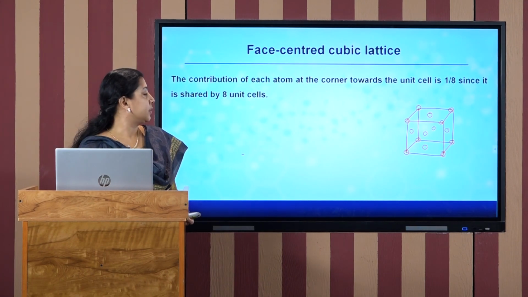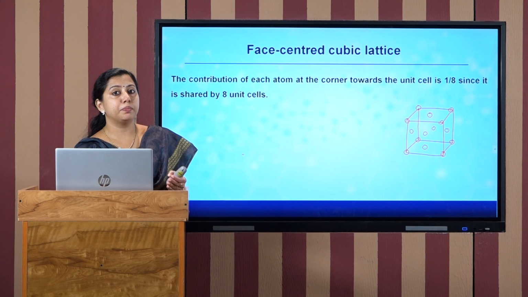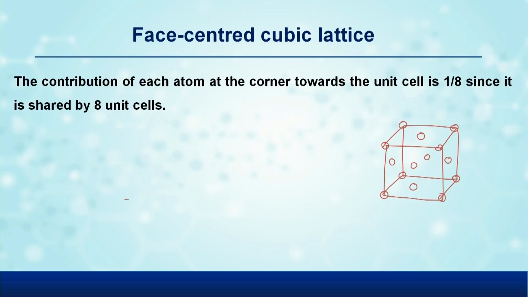Okay. So, as we saw in the case of a simple lattice as well as a BCC lattice, here also the contribution of each atom at the corner towards a unit cell is 1 by 8. Why? Because it is shared by 8 adjacent unit cells.